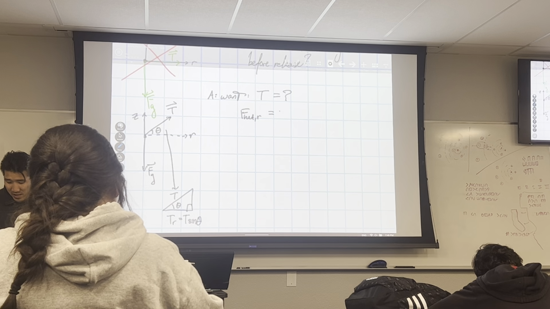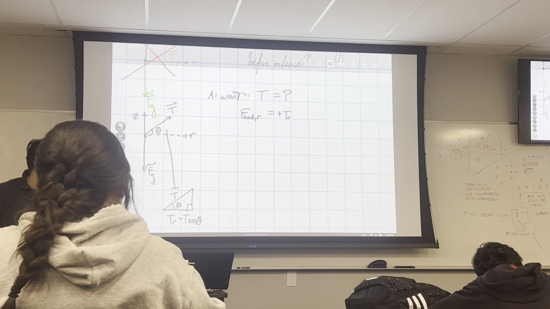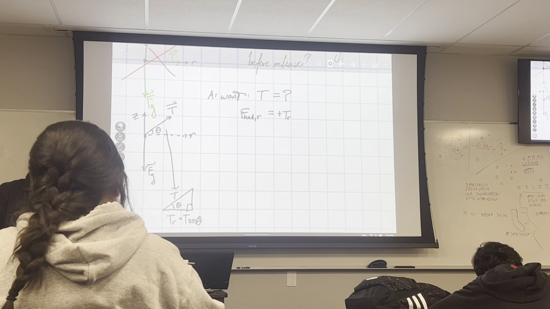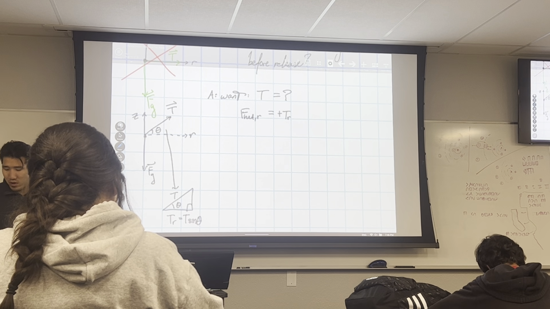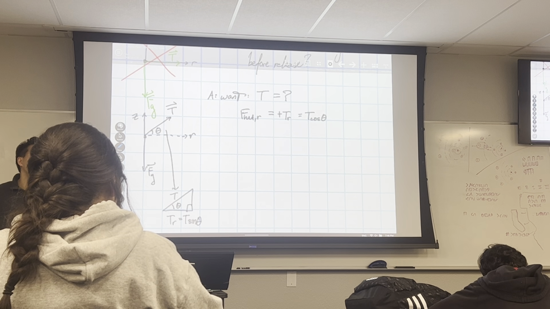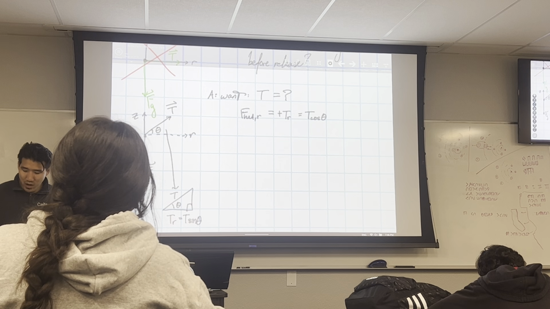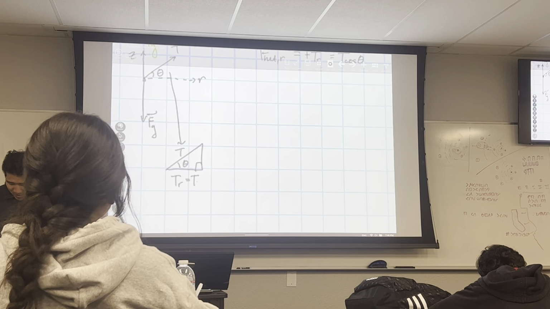So our force balance tells us that the net force in the R direction is the radial component of the tension, which is going to be T cosine of theta. This is cosine of theta.